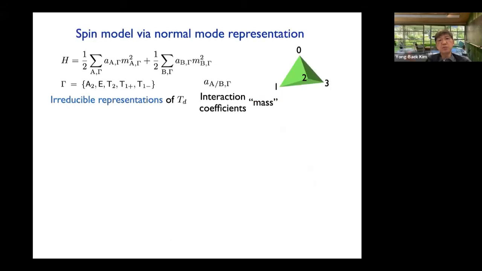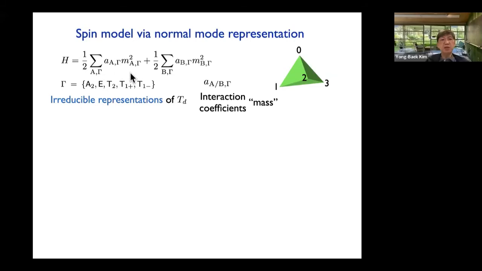So instead of dealing with this complex spin exchange Hamiltonian, it turns out it's much more useful to represent the spin model using normal modes of the tetrahedron. Here, this M_A and M_B are normal mode degrees of freedom defined in terms of the 4 spins on the tetrahedron. Each mode is some linear combination of the 4 spins at the 4 sites on each tetrahedron.